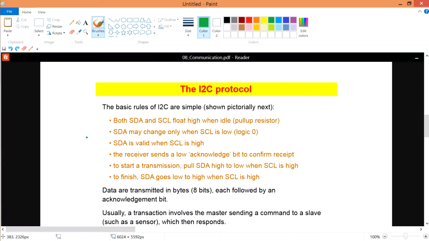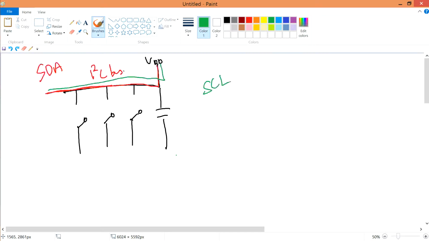Therefore this second sentence tells you that SDA may change when your SCL is low. Because sometimes, for some reason, your clock is low, and your SDA may think that it's time to actually do something. So SDA will actually be taken, and SDA itself will become off.